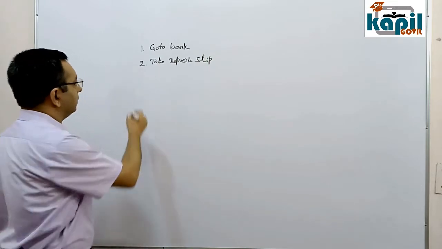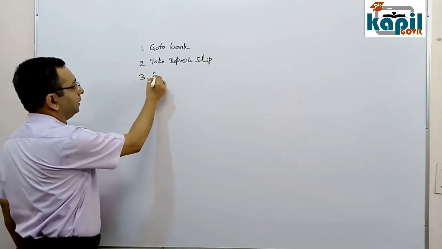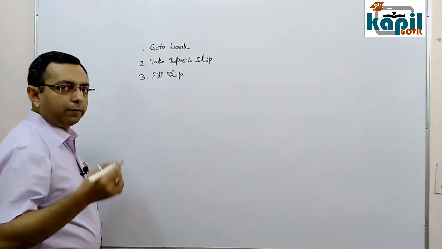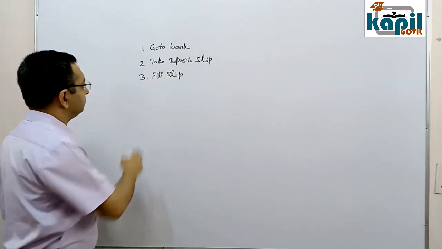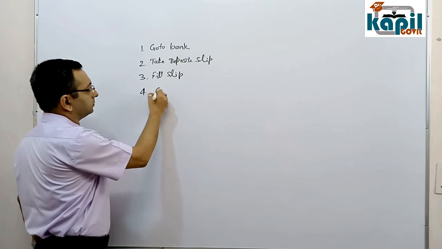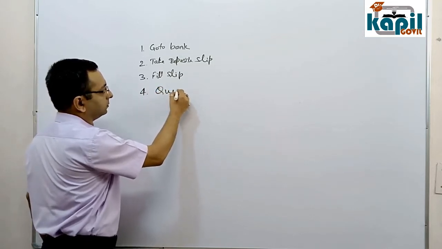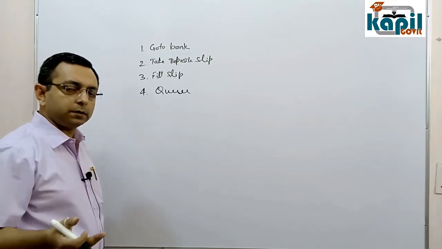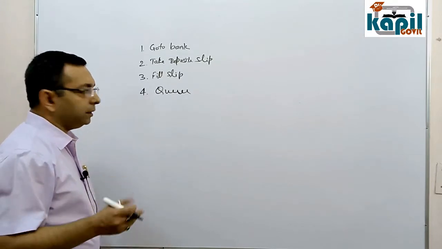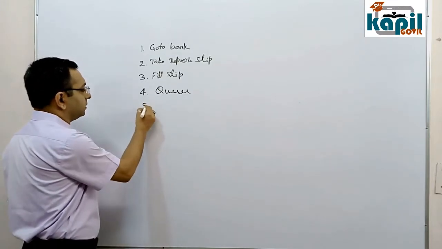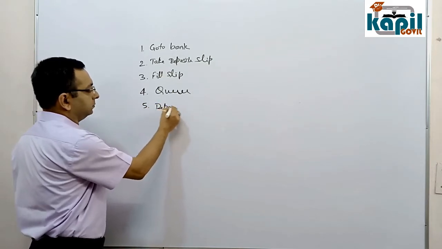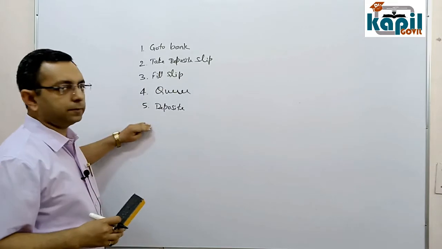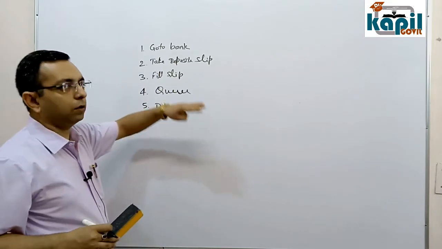Number 3, fill the slip. Number 4, stand in the queue, and then when your turn comes, Number 5 is deposit. So these are 5 steps to deposit any amount in your bank account.